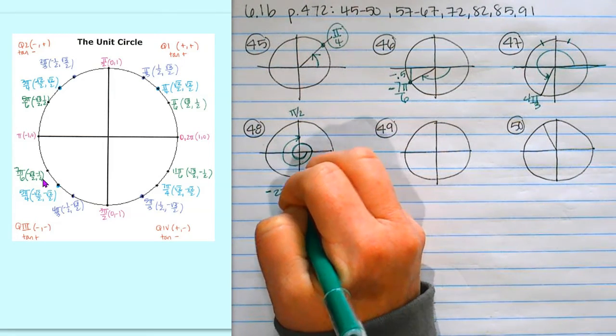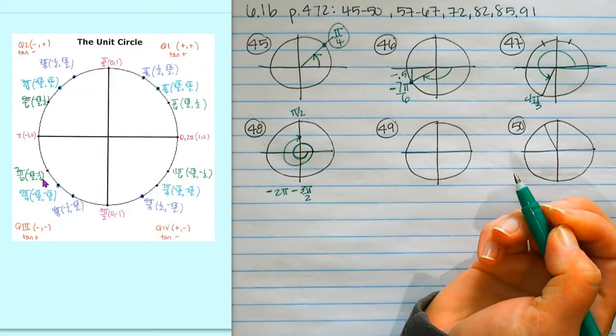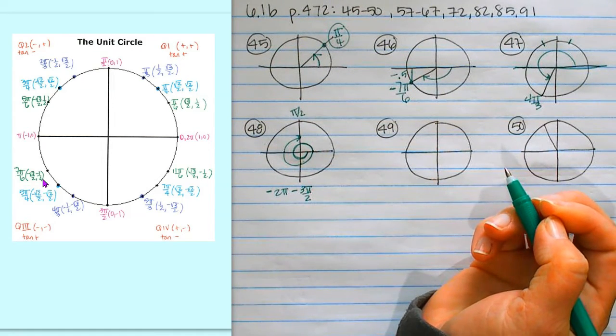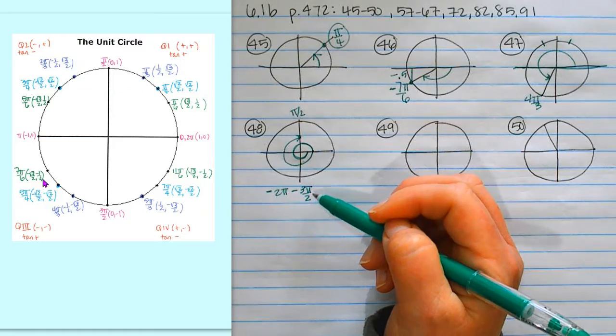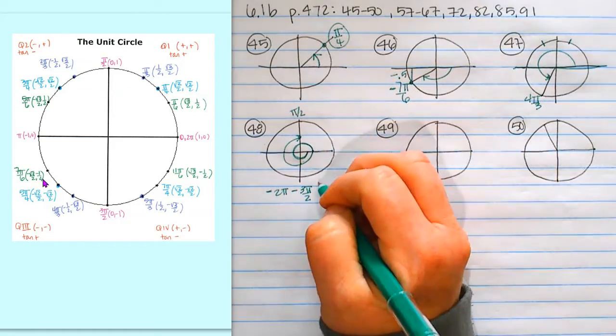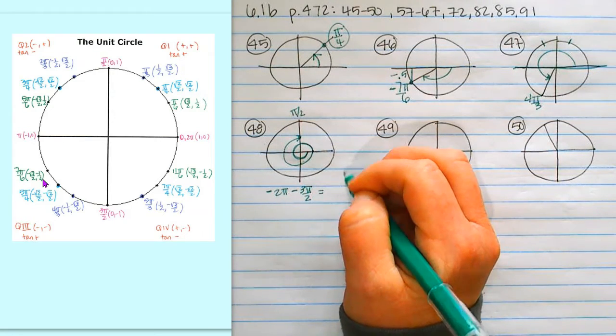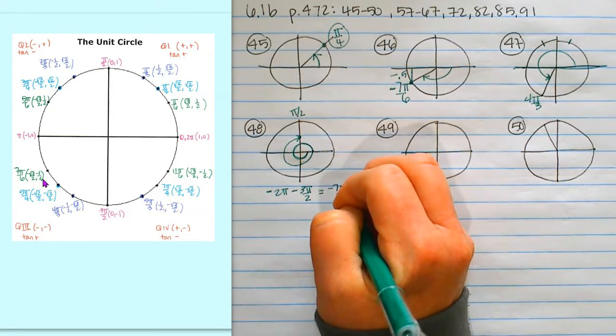This is another in the negative direction, 3 pi over 2. So I'm actually going to add those together, and I've got both of them with the correct sign because I went around and around again, and that's going to be, if I make them both common denominators, 4 minus 3, negative 7 pi over 2.